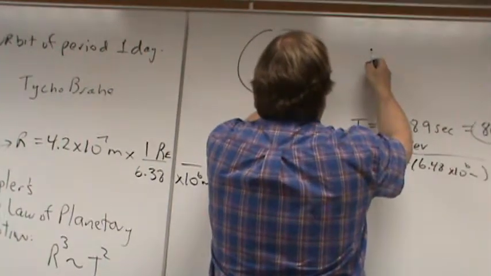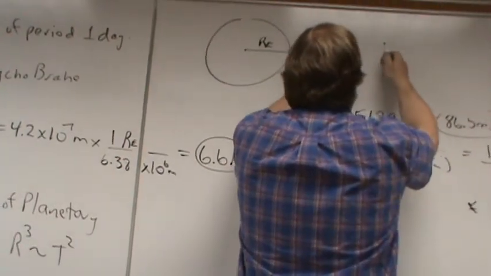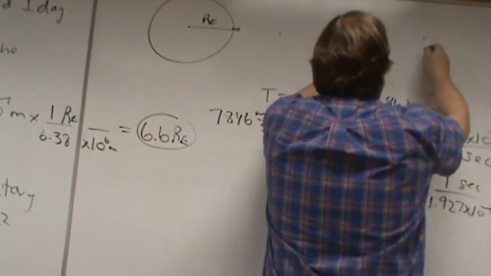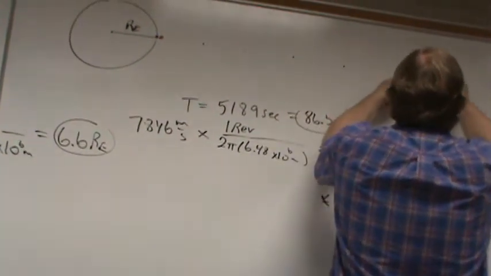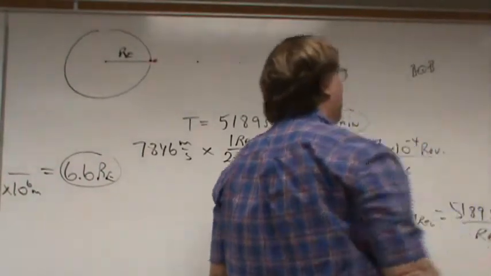So there's 1, 2, 3, 4, 5, 6.6. So here's going to be your DirecTV satellite.